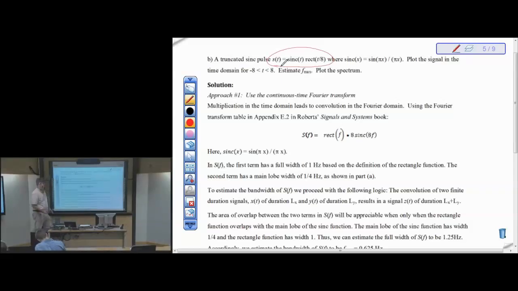Convolving the Fourier transforms is not easy, right? Because the Fourier transform of the sinc is what? A rectangular pulse. The Fourier transform of a rectangular pulse is a sinc. So now I'm convolving a rectangular pulse with a sinc. Seems really hard to do that one.